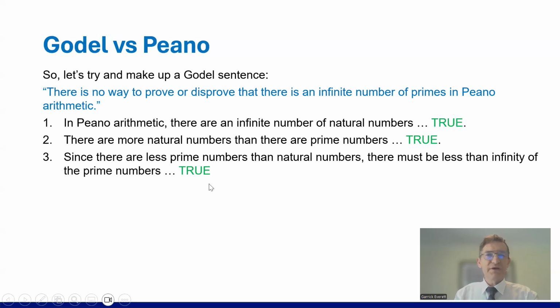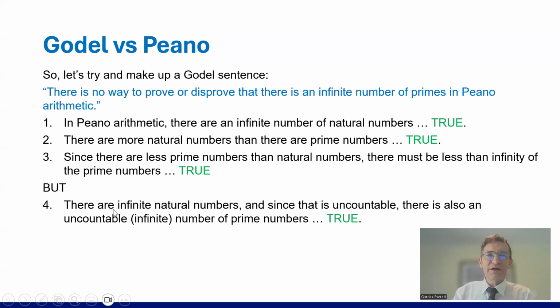If you've got infinite natural numbers and there are fewer primes, there must be less than infinity of the prime numbers. Now that must be true. But you can also say there are infinite natural numbers, and since that is uncountable, there is also an uncountable or infinite number of prime numbers, and that's also true.